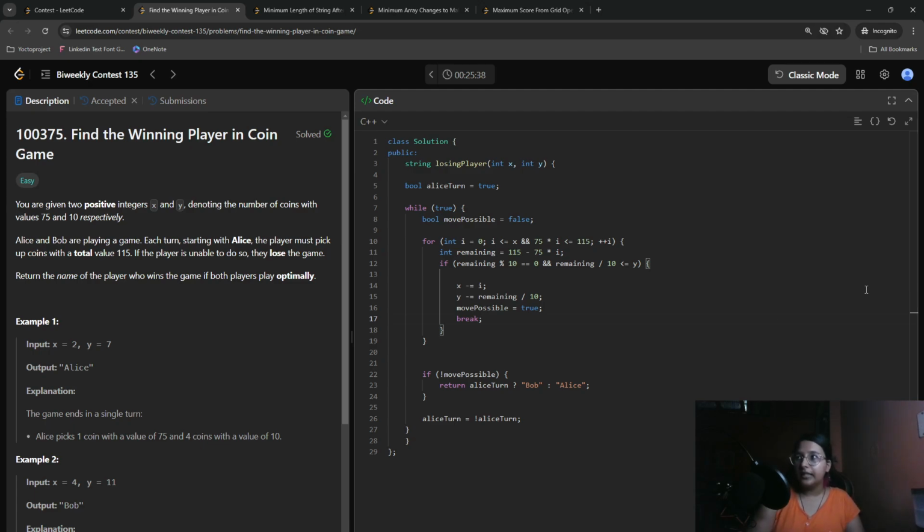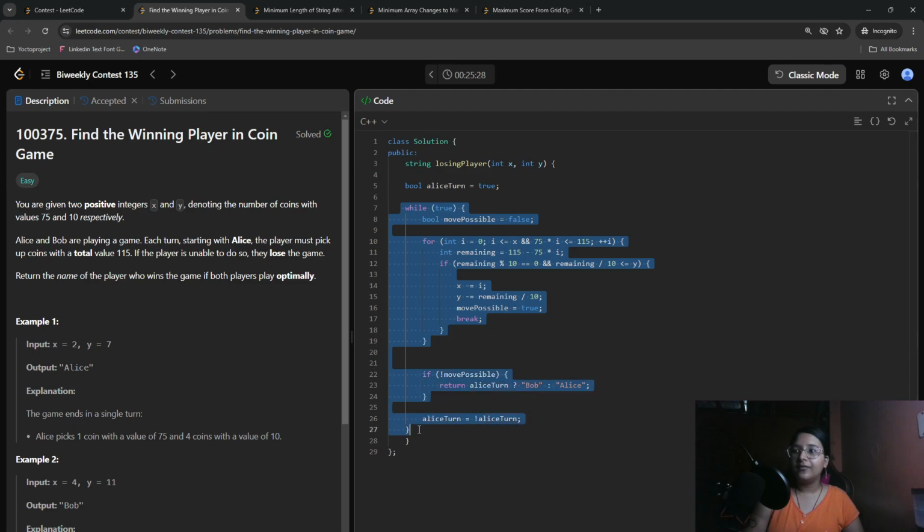What I have done here is I'm taking Alice's turn as true at the starting, because anyhow the first turn is of Alice, right? Now here I'm using one infinite loop, which I'll break out of at the point when we are not able to find any possible move.